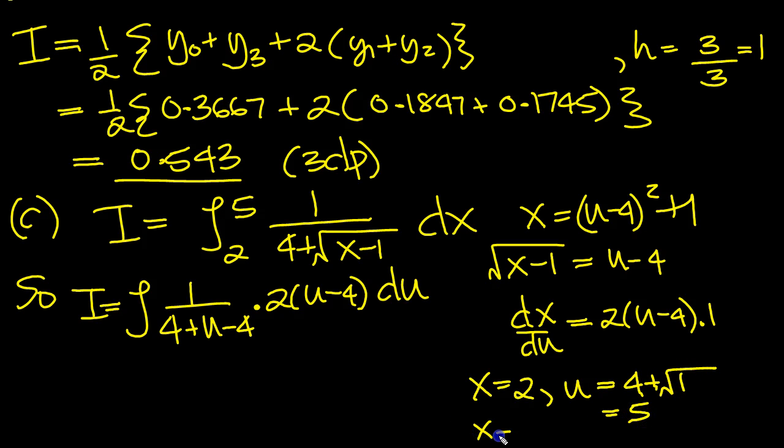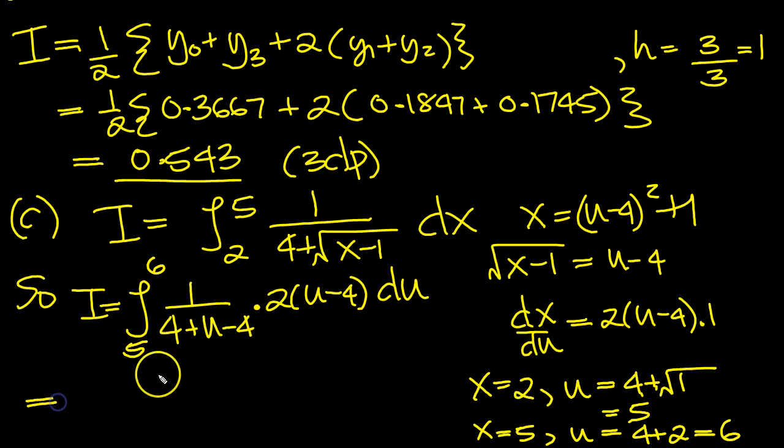And when x equals 5, u is equal to 4 plus the square root of x minus 1, which is the square root of 4, which is 2, which is 6. So our bounds will be 5 and 6 for the u values.